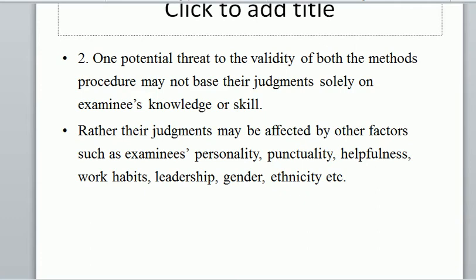One potential threat to the validity of the method is that judges may not base their judgment solely on examinee's knowledge or skill.